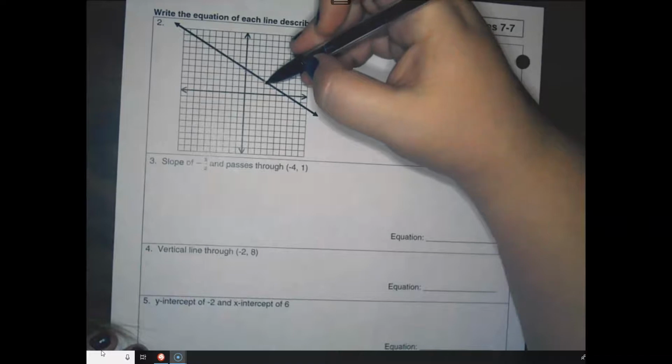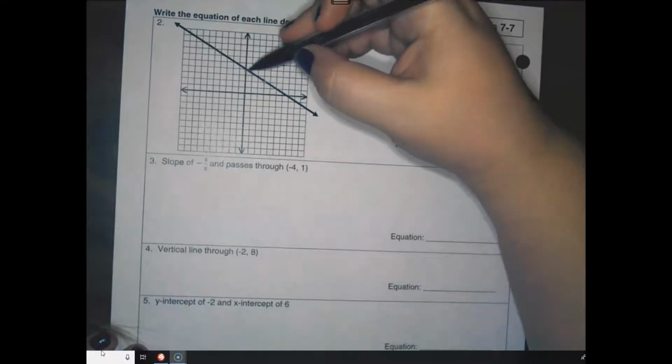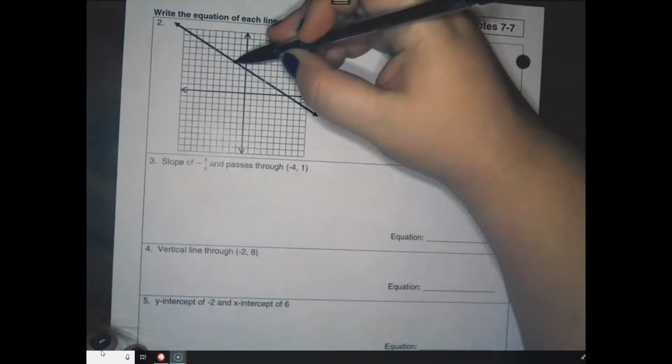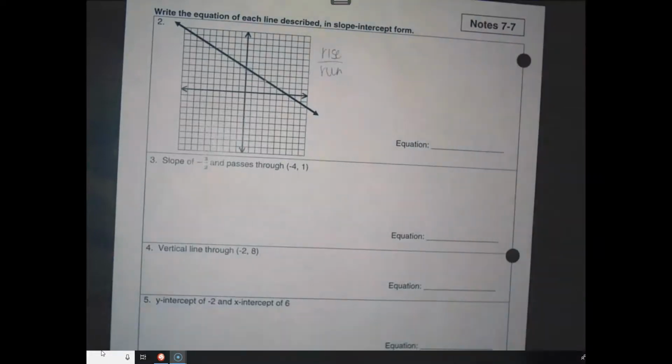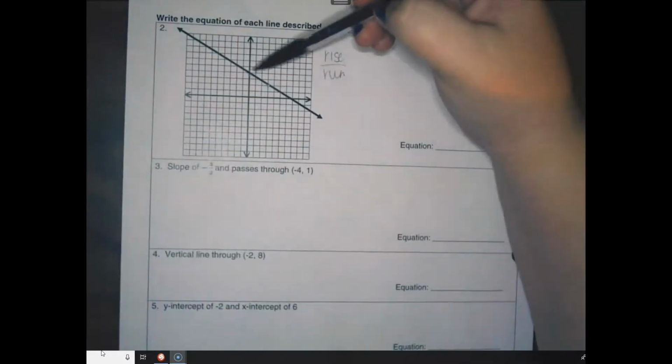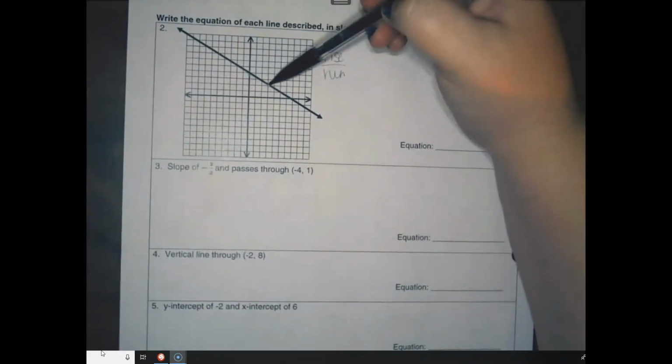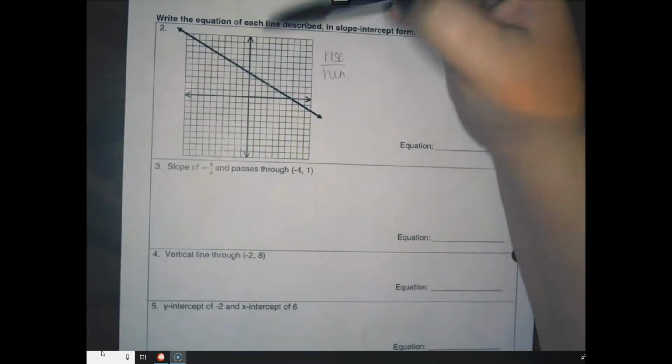Except this line is not very nicely drawn. We're actually going to skip this one because this line is not drawn very clean for us. It's very tough to see where it's wanting us to see.